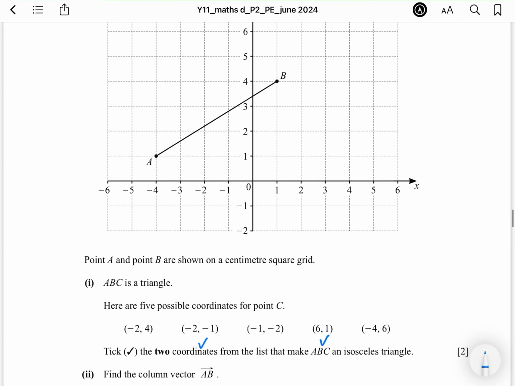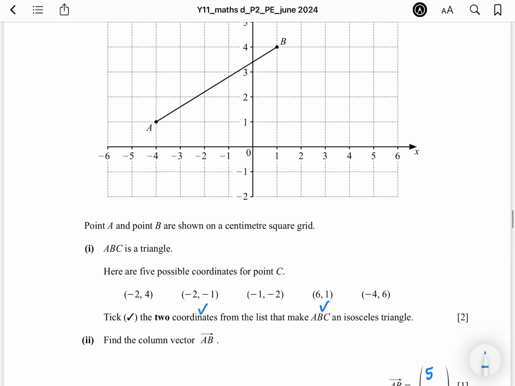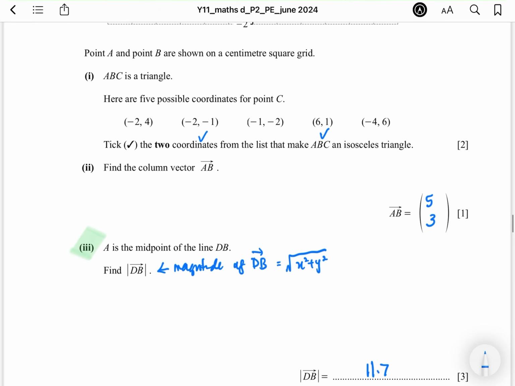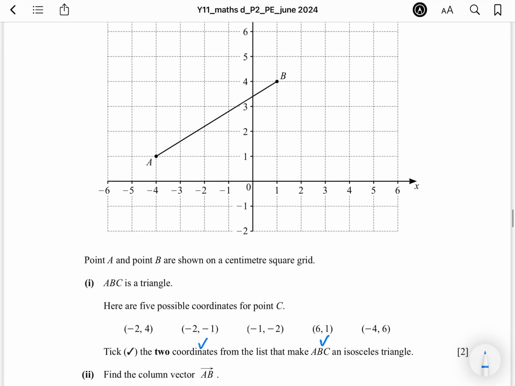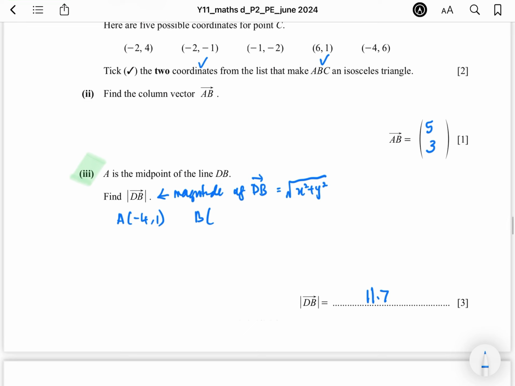A is minus 4, 1. B is 1, 4. So we need to know where DB is.